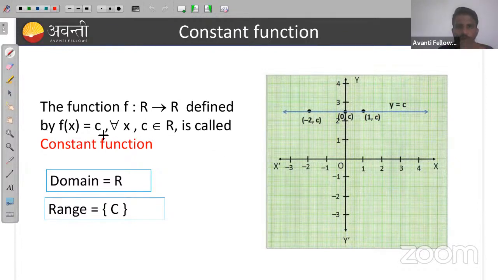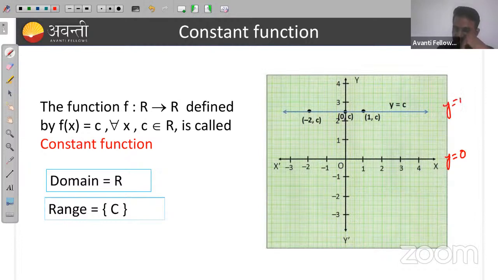If C is positive, then the graph will be above the x-axis. If it is negative, it will be below the x-axis, and if it is 0, it is the x-axis. For C equal to 0, this is actually y is equal to 0. The y is equal to 0 line is the x-axis.